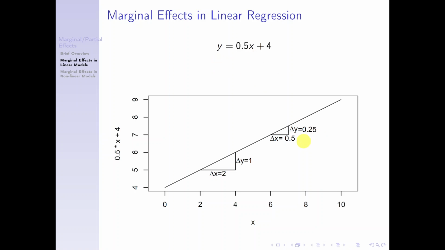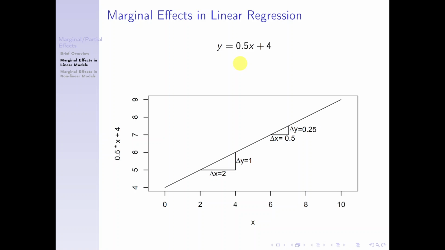The ratio is equal to what? 0.5. So in this case, for a linear regression model, no matter how you manipulate the amount of change in x, the ratio of delta y over delta x is always equal to the coefficient, regardless of the starting point and ending point for x.